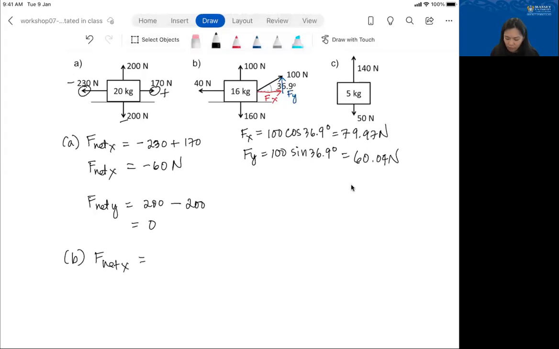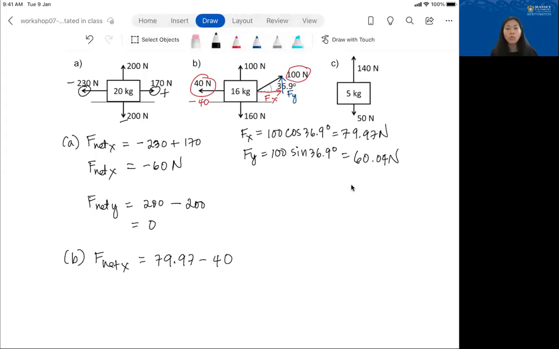Net force along the X, you have this 40 newtons that's directed to the left, so that will be actually a negative 40 newtons. You have the X component of this 100 Newton force that's directed to the right. So that's 79.97 newtons minus 40.